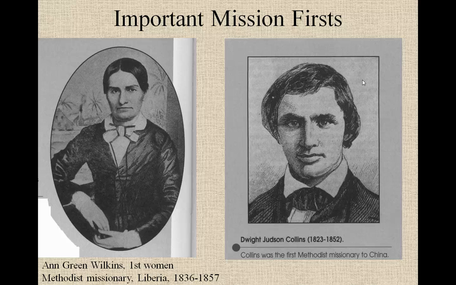So Dwight Judson Collins paid his own freight, his own way, as it were, on a ship to China, and created, along with Dr. Moses White, the first MEC North mission. This was after the split, so this was a Northern Methodist mission.